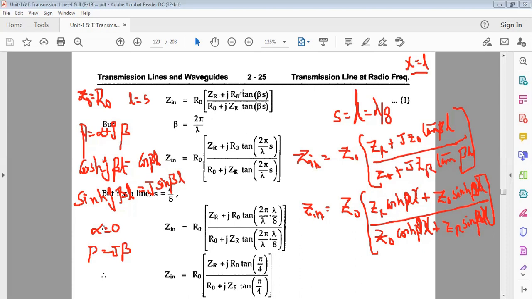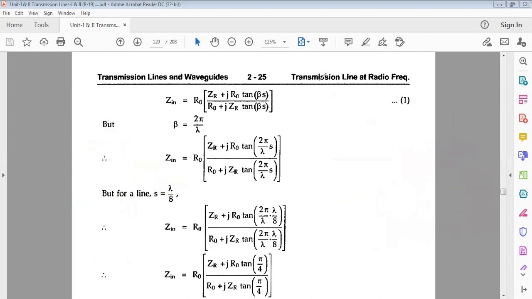So here Z0 is replaced by R0. You know beta is equal to 2 pi by lambda, in terms of lambda. Lambda is a length here.